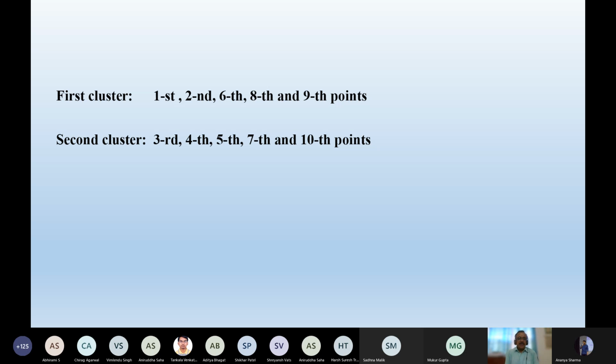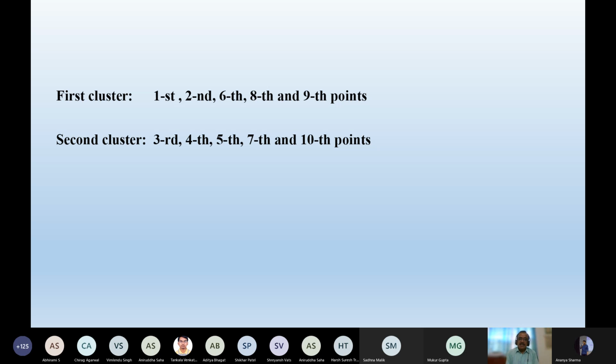In today's class, we discussed the working principle of fuzzy K-means clustering in detail. I designed one numerical example and showed you how to solve that clustering problem.